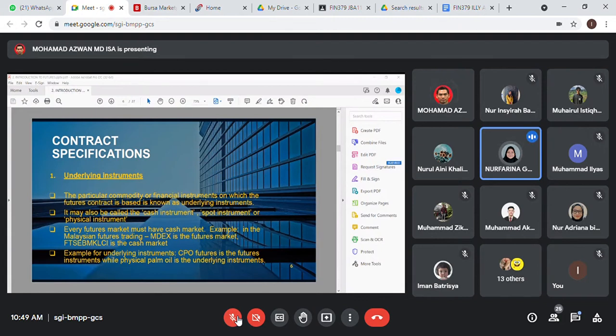Trading ceases at 11 a.m. on the Wednesday of the delivery month or the first business day. Which Wednesday? Betul tak? First, second, third, fourth. Third Wednesday.